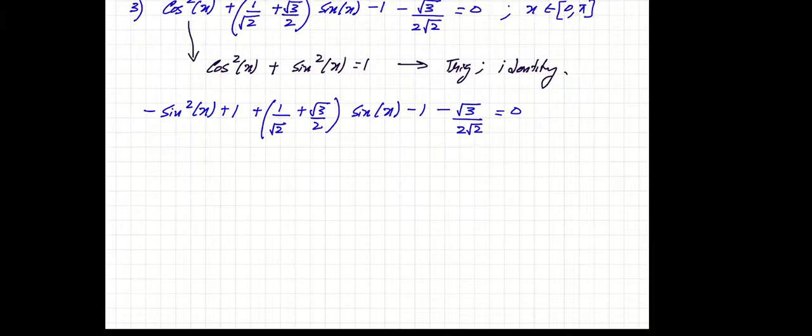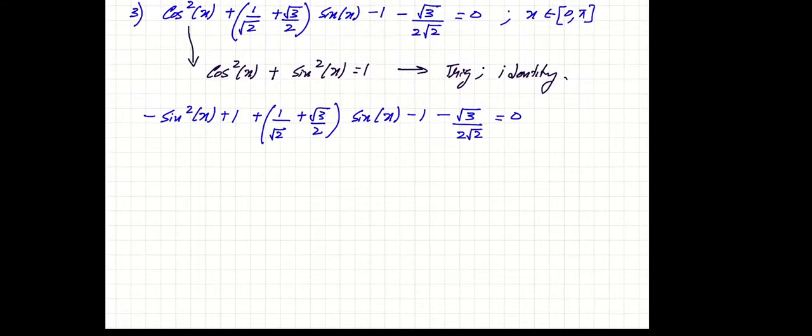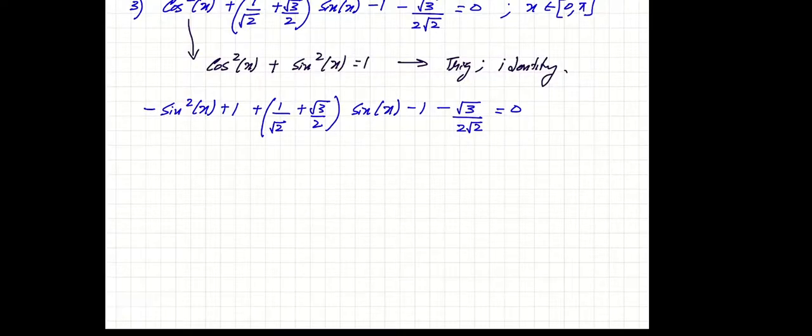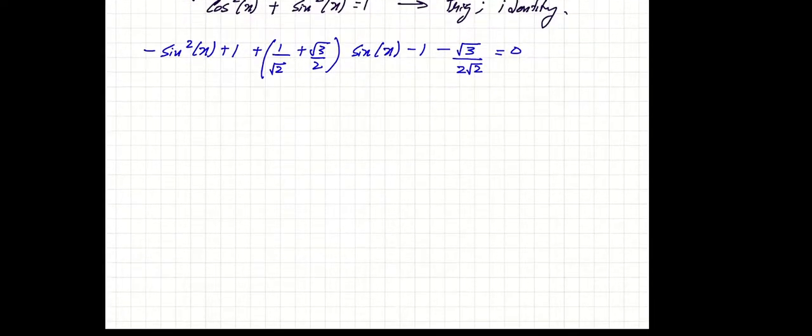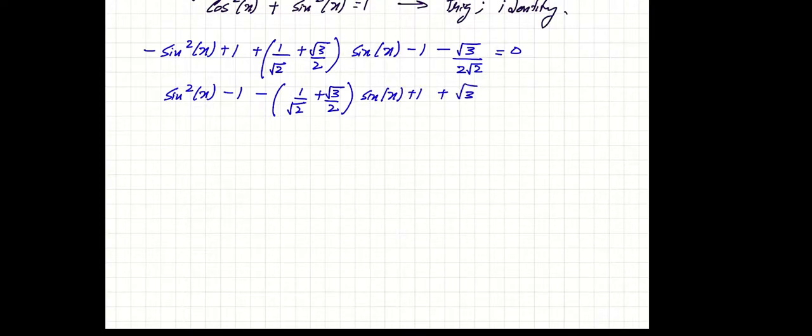Now I don't like this minus in front of sin squared, so I'm going to multiply the whole equation by minus 1. So it's going to be sin squared x minus 1 divided by square root 2 plus square root 3 divided by 2, sin x, and then plus square root 3 divided by 2 square root 2 is equal to 0.